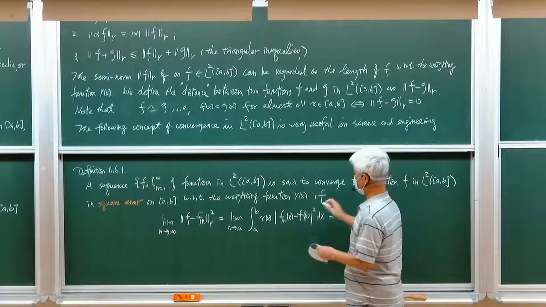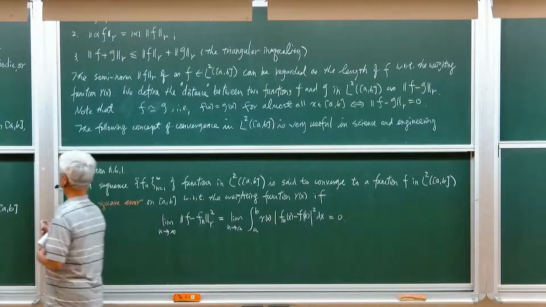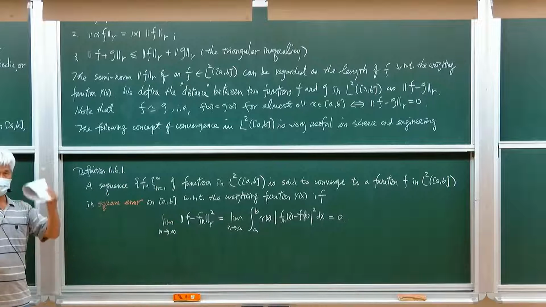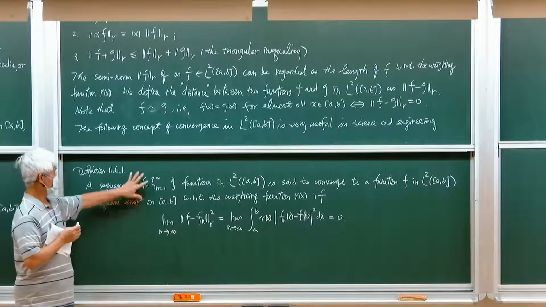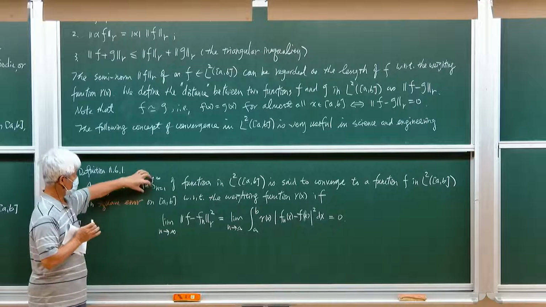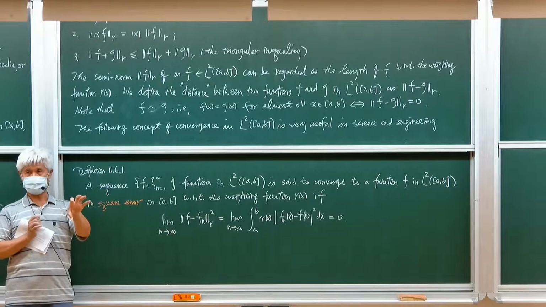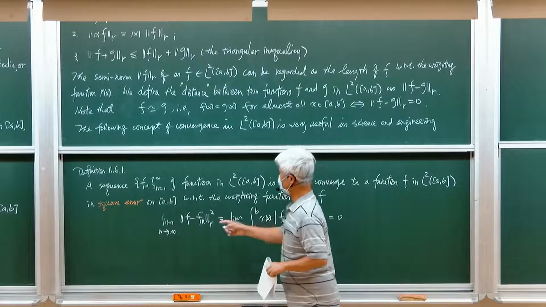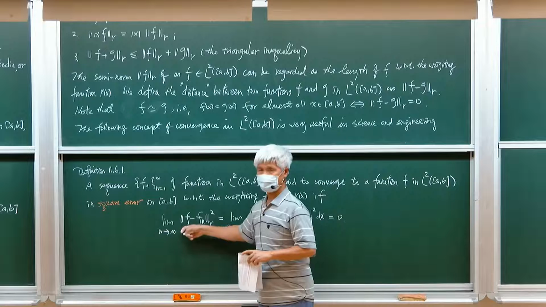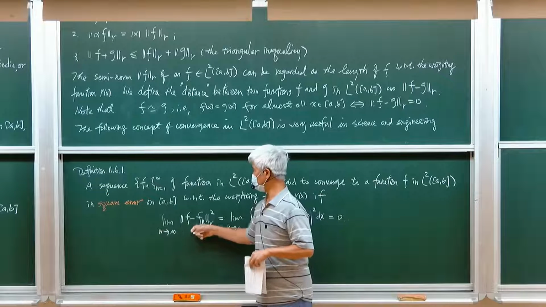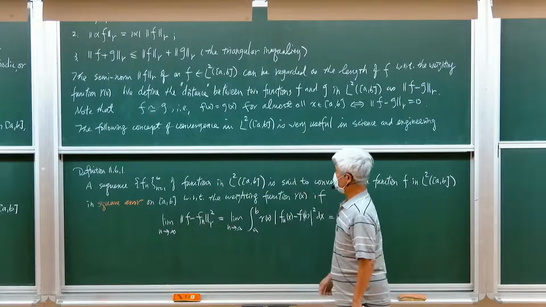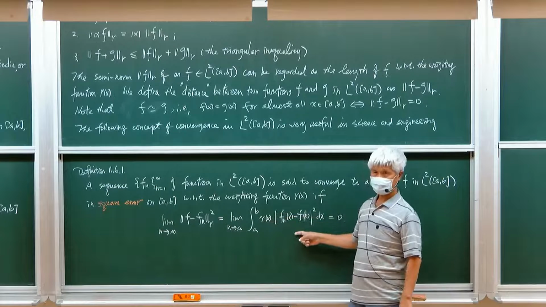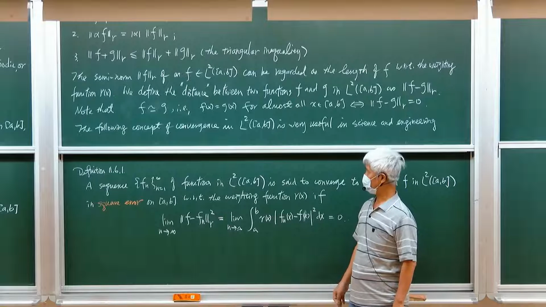In this sense, we regard the convergence as a whole function. We regard each function as an object, and the measure of the distance of two square integrable functions is represented by this integral.